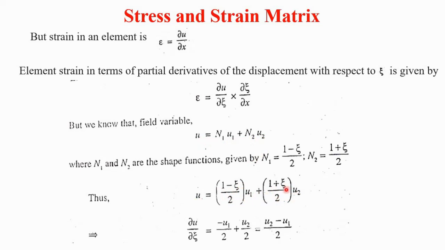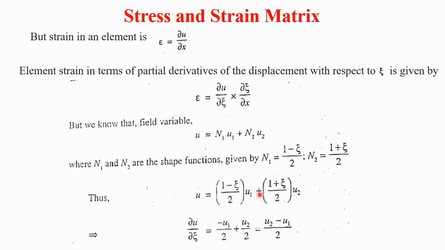Then we take the partial derivative of this equation with respect to zeta. So ∂u/∂zeta is equal to the derivative of (1 minus zeta)/2, which is minus 1/2, times u1, that means minus u1 by 2.